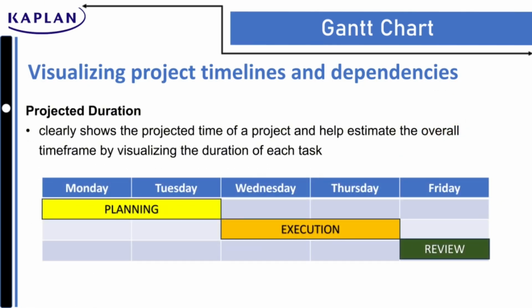Projected duration. Gantt charts paint a clear picture of how long the entire project is expected to take. By visualizing the duration of each individual task, you can estimate the overall time frame for the project completion.